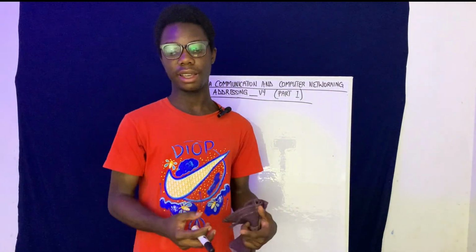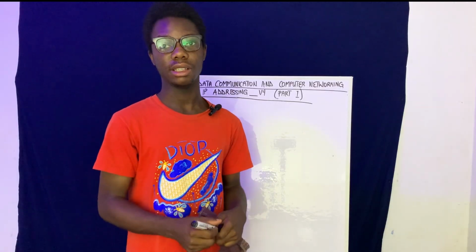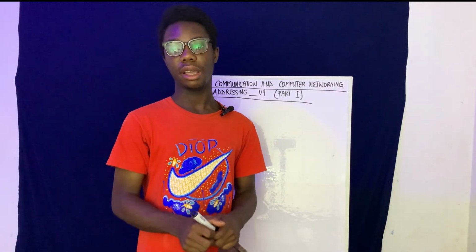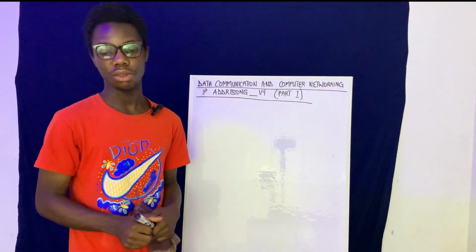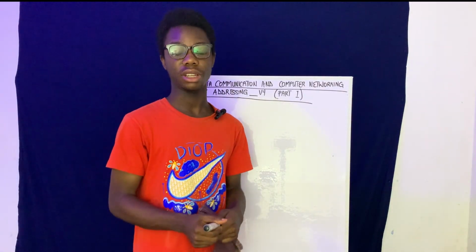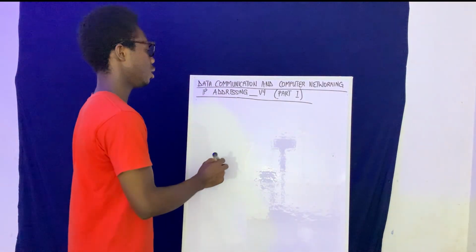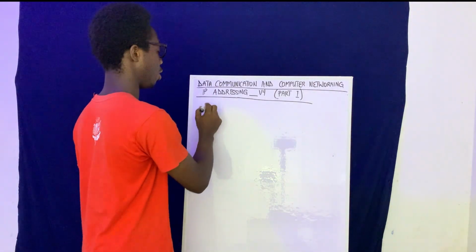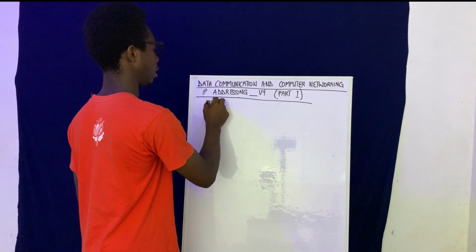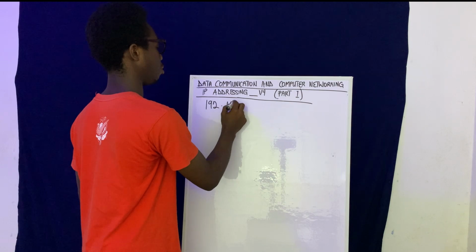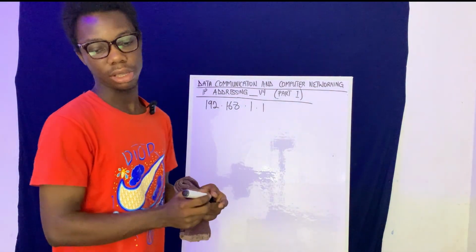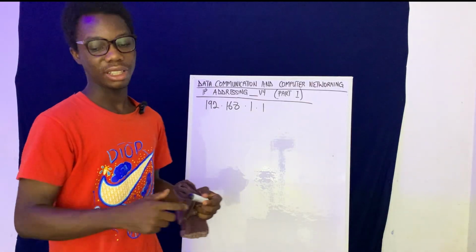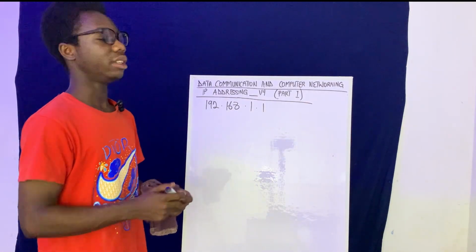So the IP address provides the location of the device on a network. Sometimes this is how the IP address looks like, as I said earlier, 1.1.